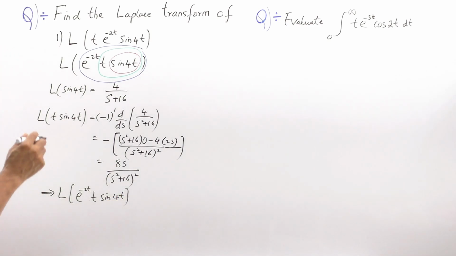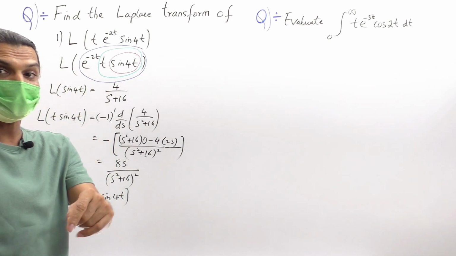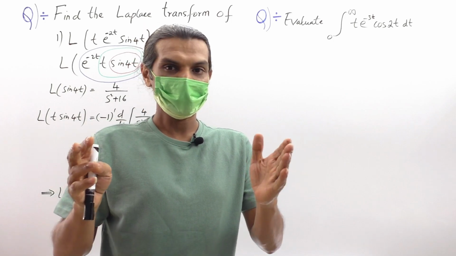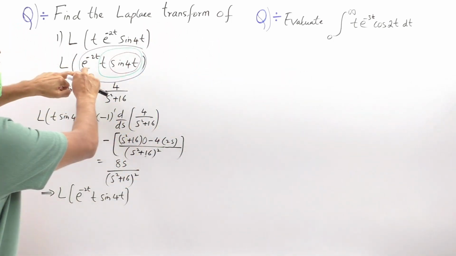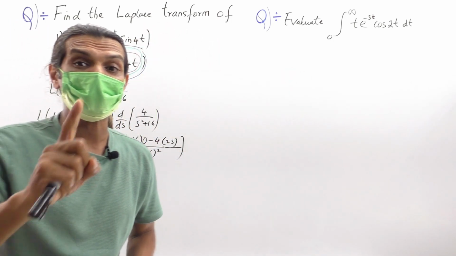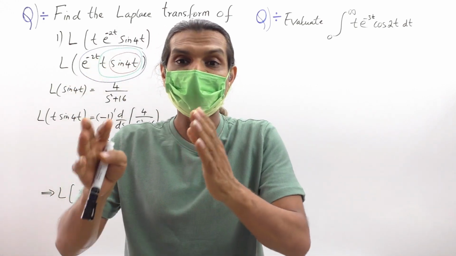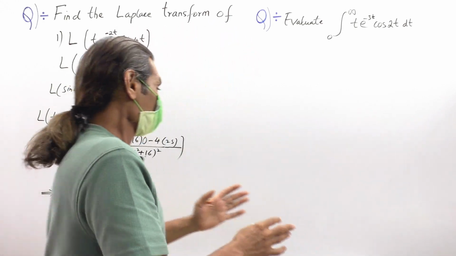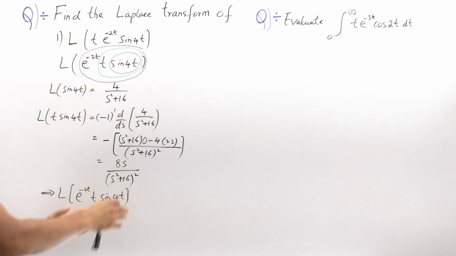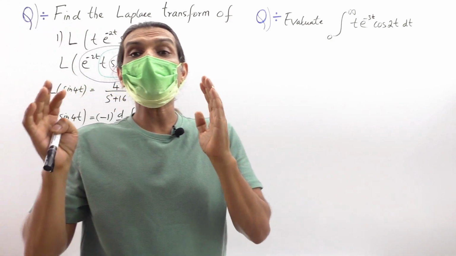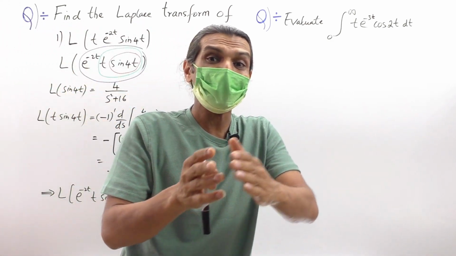See, again first was sine 4t into t means property number 2, that is multiple of t. Here into e raised to t means property number 1, shifting property, right shifting property. Any function in Laplace multiplied by e raised to at into f of t. We already found f of t here, that is t into sine 4t. Then what? Replace all the s by s minus a.